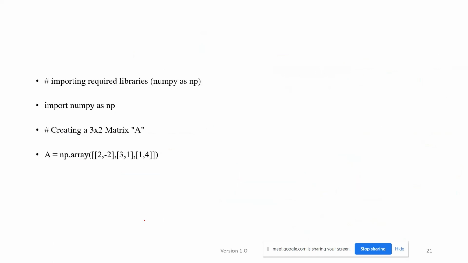Now comes another example. As of now, we have created vectors only, row-wise and column-wise. This example creates a matrix. How are we creating a matrix? In Python, matrices are created with a two-dimensional array.